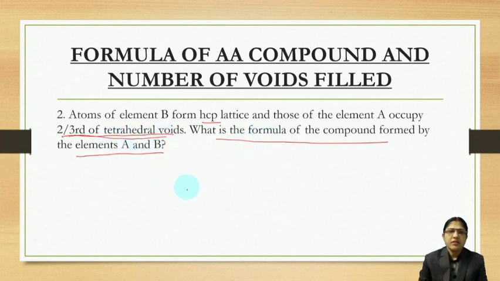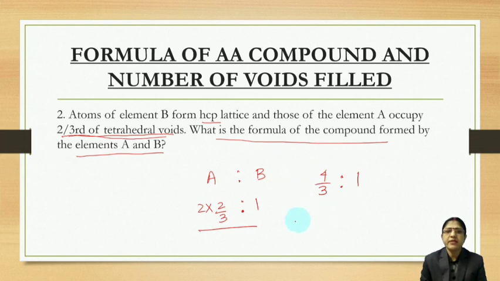So A is to B will be 2 into 2/3, that is 2n tetrahedral voids with 2/3 filled. So the ratio will be 4/3 is to 1.